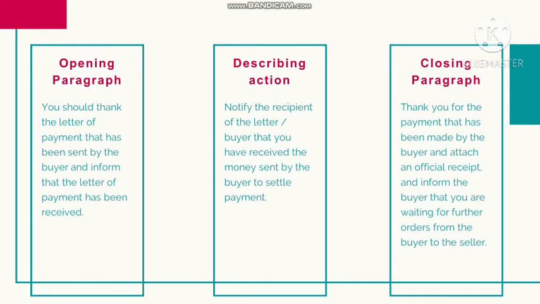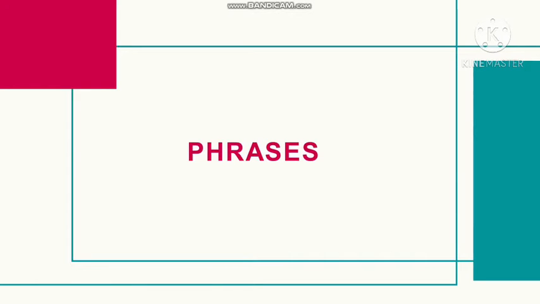Okay, so these are the three paragraphs that must be present when making an acknowledging payment. Next, after we discuss the contents of the three paragraphs in the acknowledging payment, I will explain some phrases from the three paragraphs.